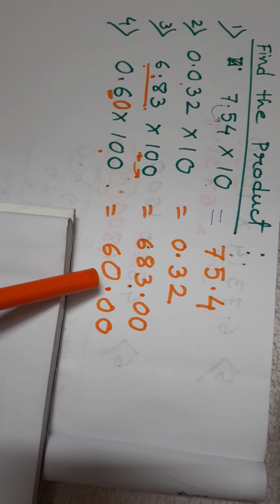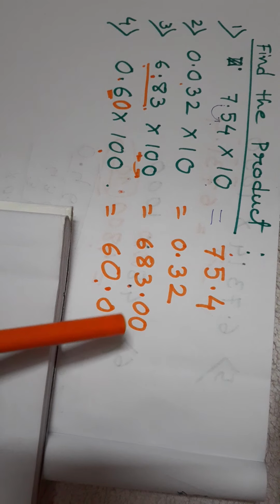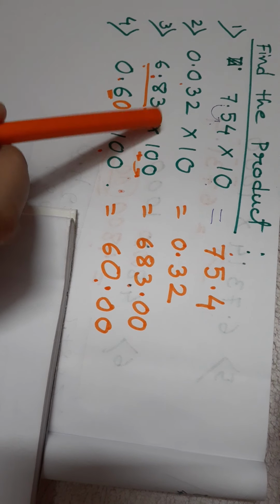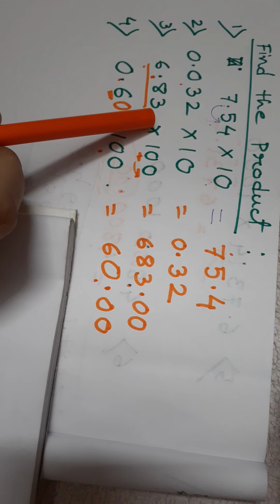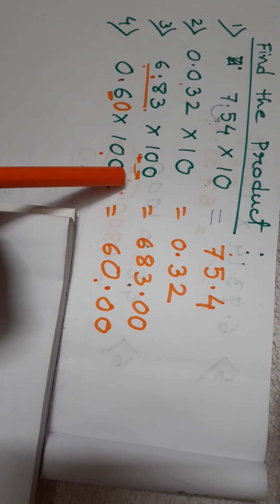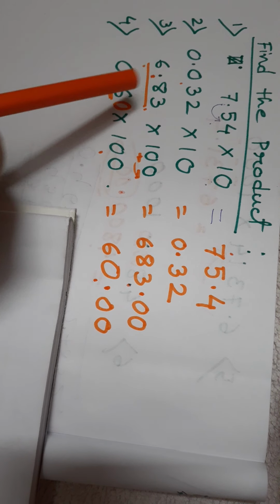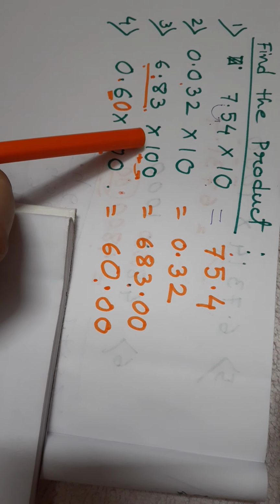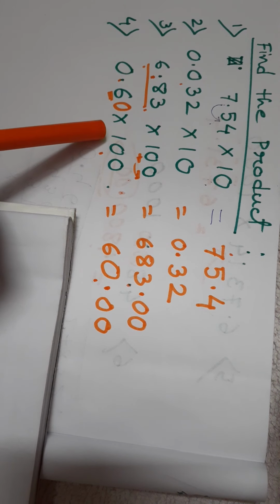So ultimately we are getting 60.00. Or if you want, you can add more zeros over here also, because at the extreme right side of the decimal point you can put any number of zeros. Then you can shift this decimal point by 2 places.